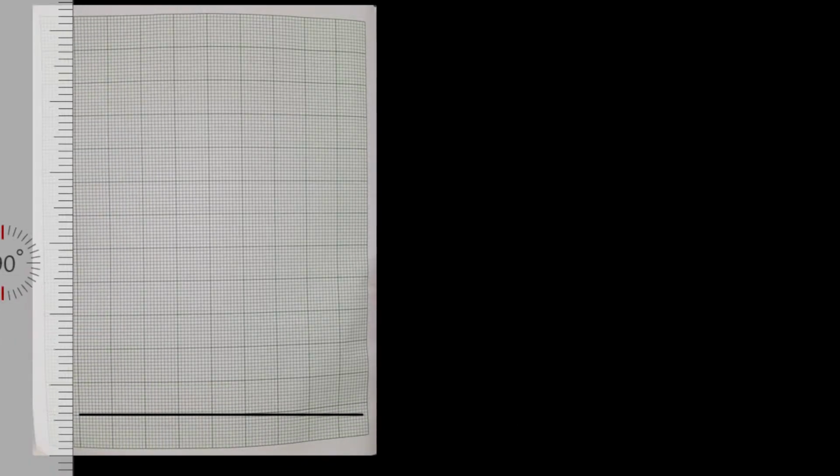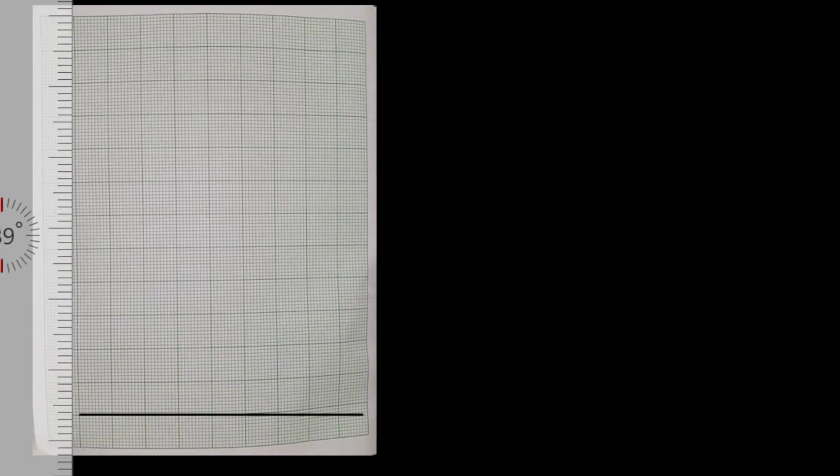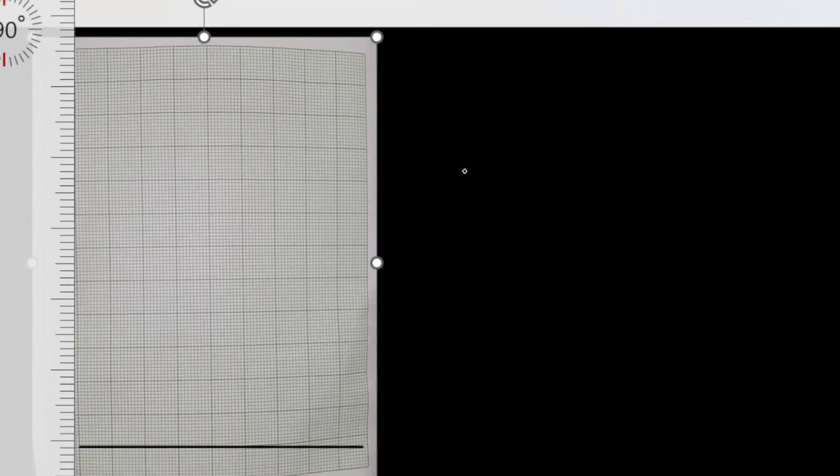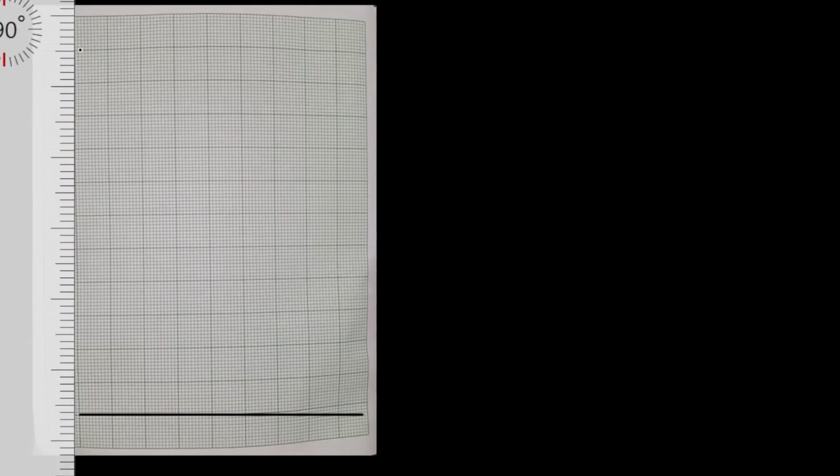The horizontal line is the x-axis and the vertical line is the y-axis.